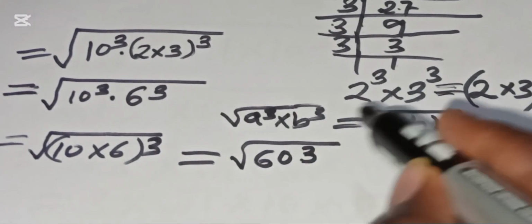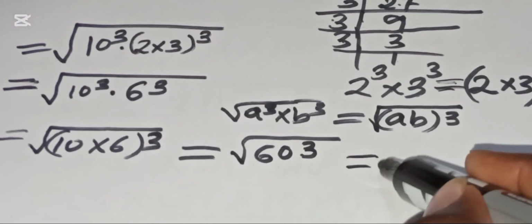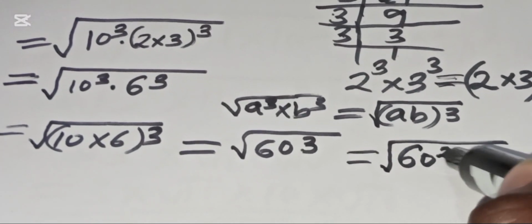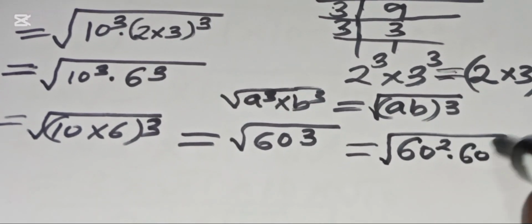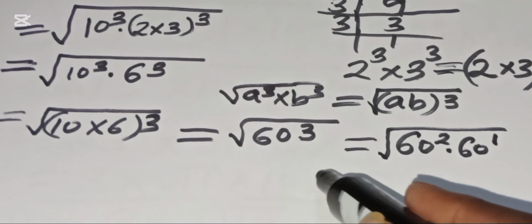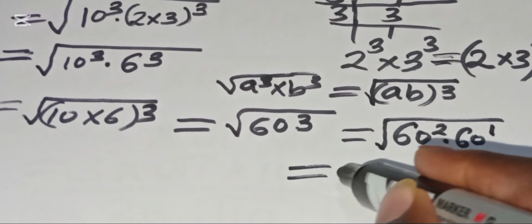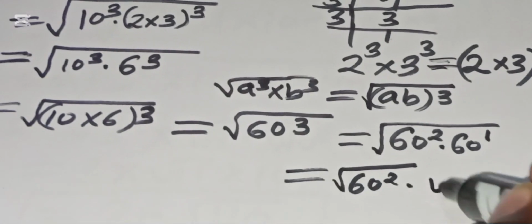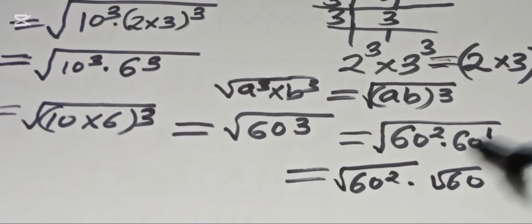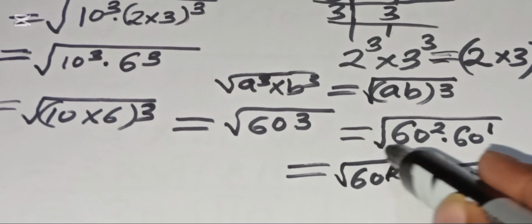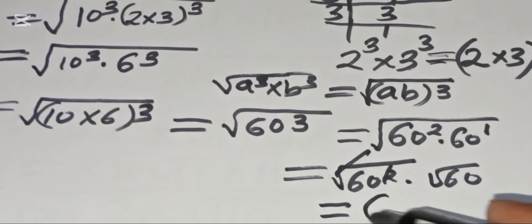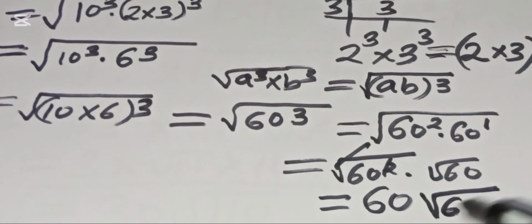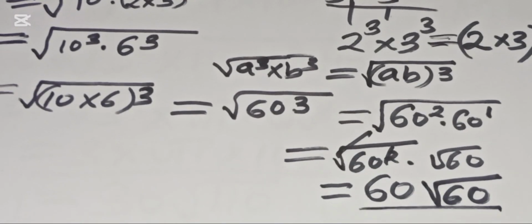Now 60 cubed can be expressed as 60 squared multiplied by 60 raised to power 1. So this is the square root of 60 squared multiplied by square root of 60. The square root of 60 squared simplifies, so this is 60 multiplied by square root of 60.